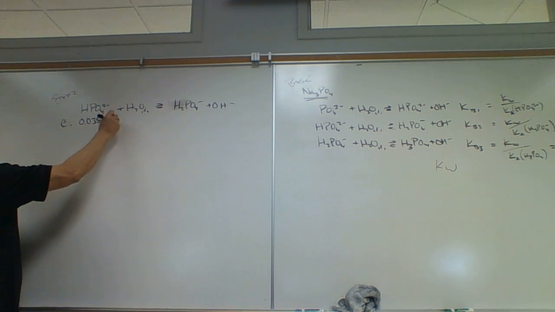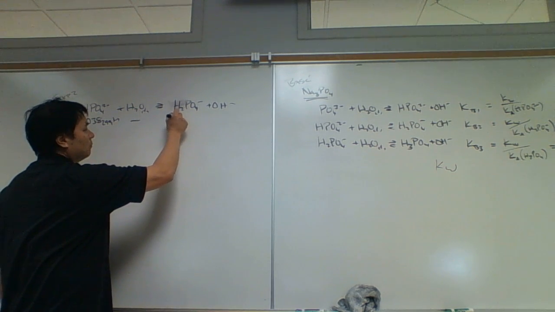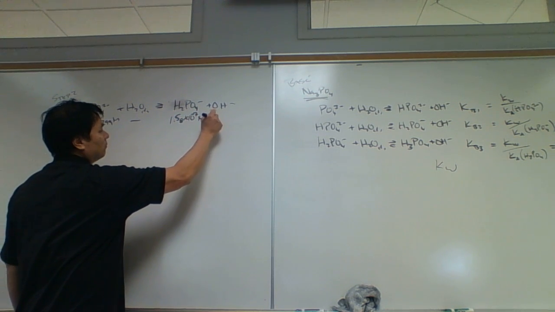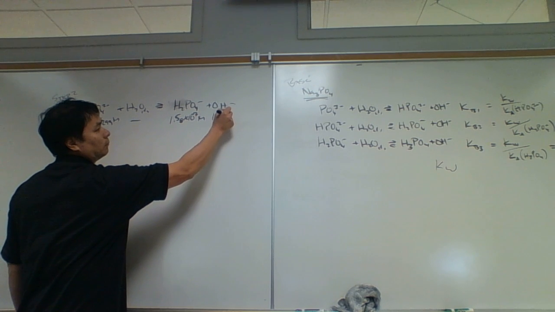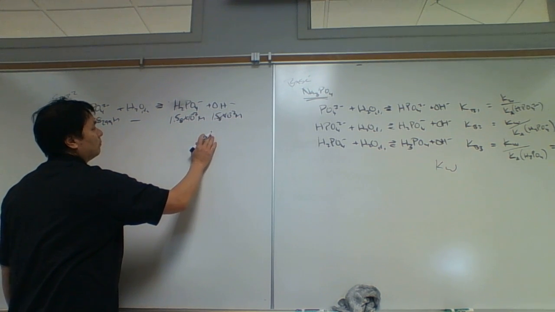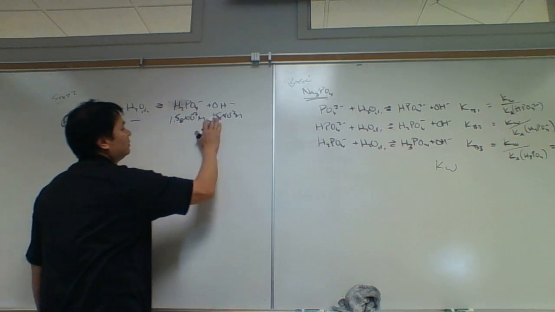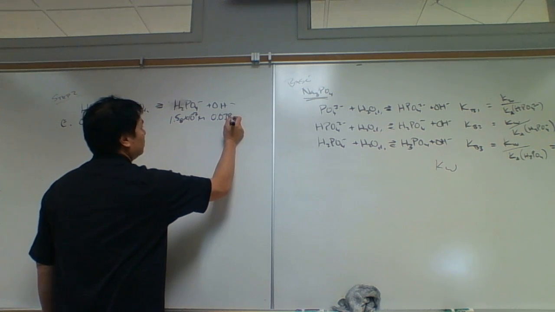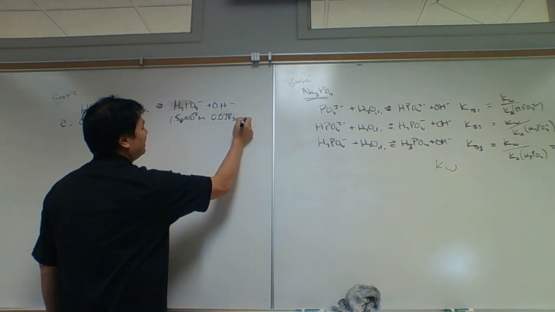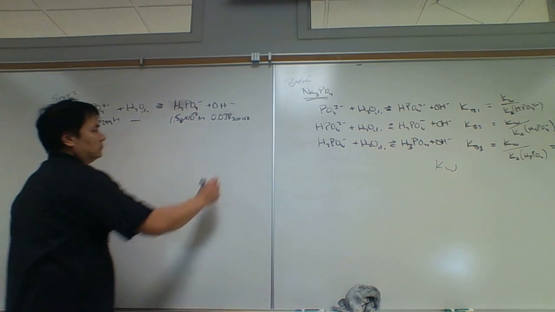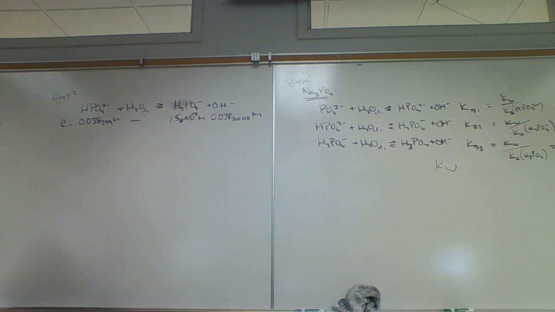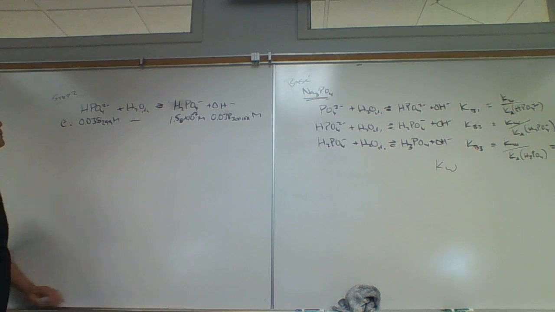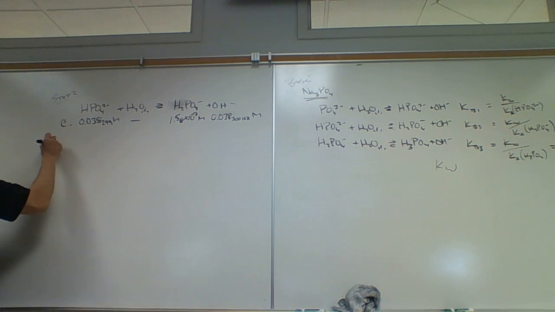The next one was 1.58 times 10 to the minus 6. Same thing as the HPO4, the monohydrogen phosphate, 0.038. Did we already check it? Yeah, it checked out. Did this perturb step 1? No? Okay, now we're ready to go to step 3.